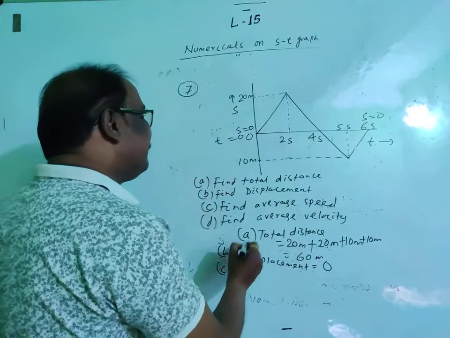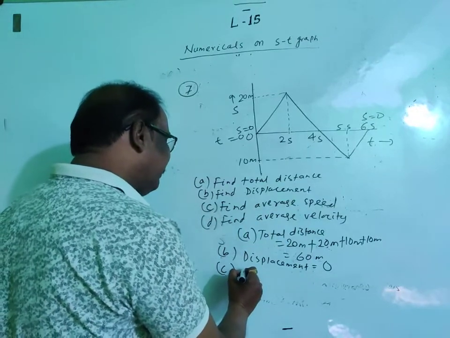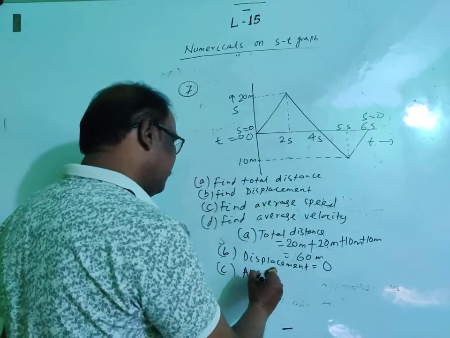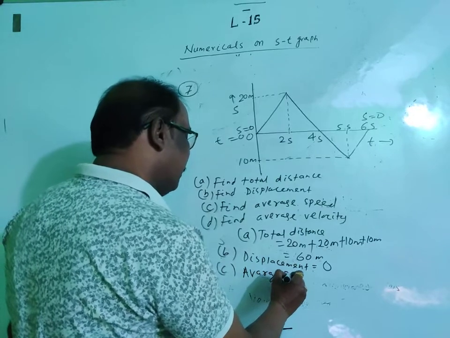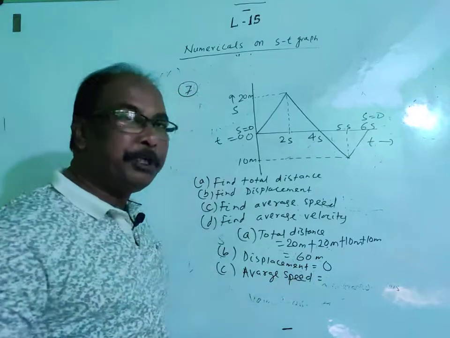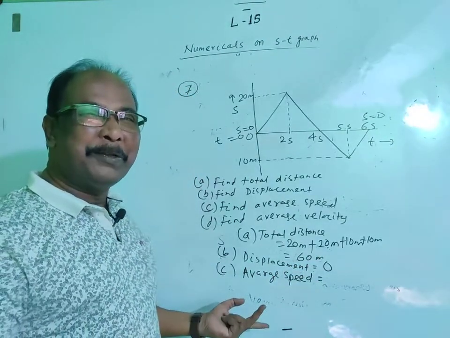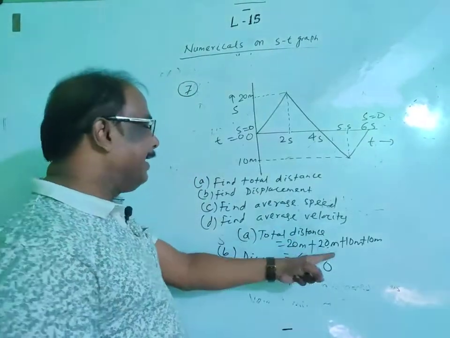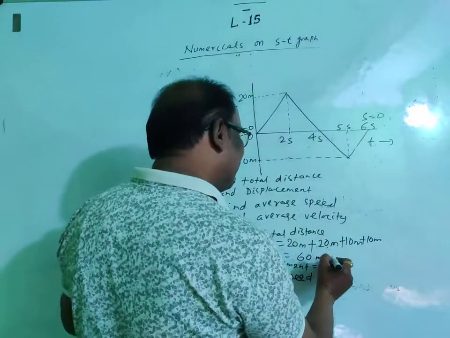And let's see average speed. As we know, average speed is the ratio of total distance to total time. And total distance, we have got, is 60 meter.